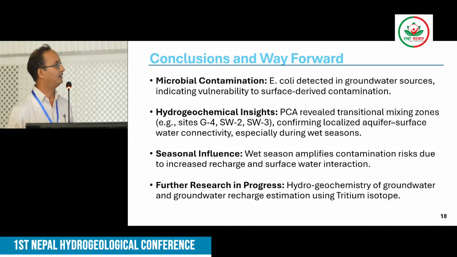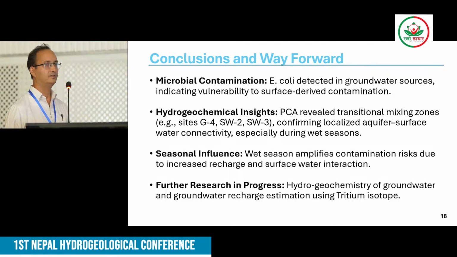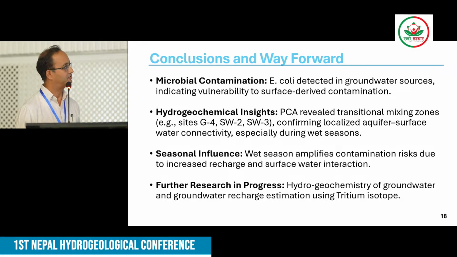The principal component analysis revealed that there is transitional groundwater mixing at groundwater sites number 4, 2, and 3. So it indicates there is localized leaching from the surface water sources to the groundwater sources.